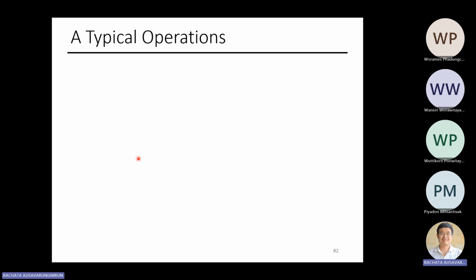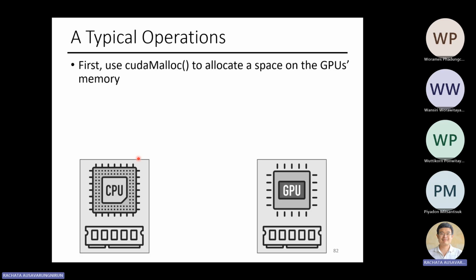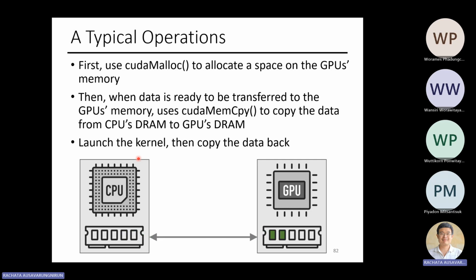And here's the problem. A typical operation, let's say you have a CPU and GPU, right? I'll first use cudaMalloc. This allocates a free area on the GPU memory. Then when the data is ready, I'll do cudaMemcpy, which basically copies the data that I want to compute into the GPU. Then I launch the kernel.